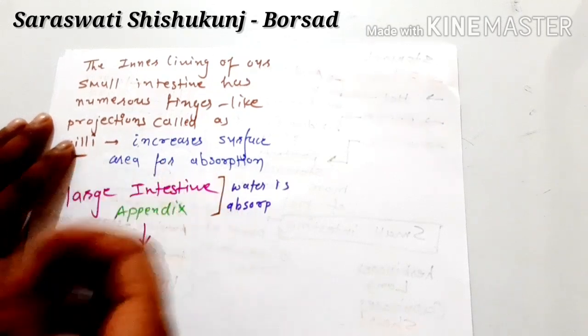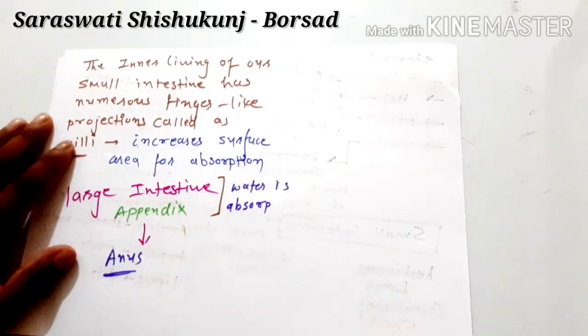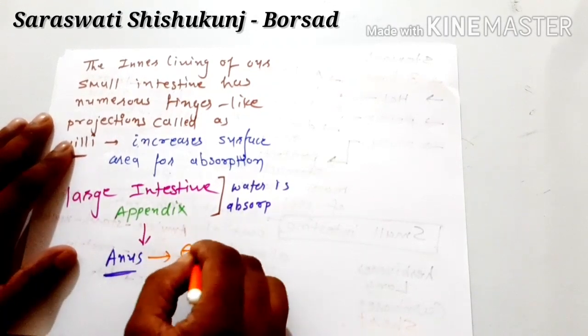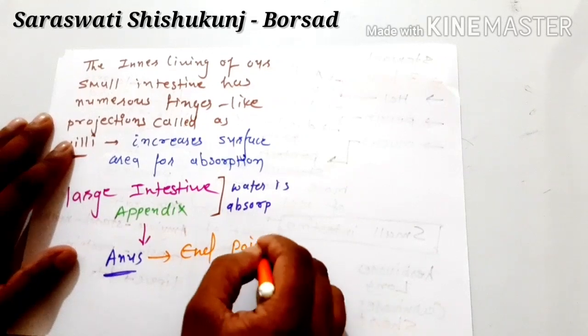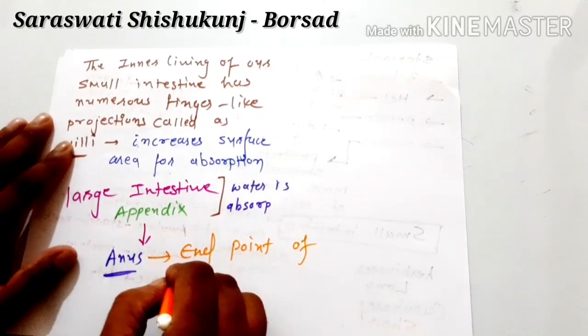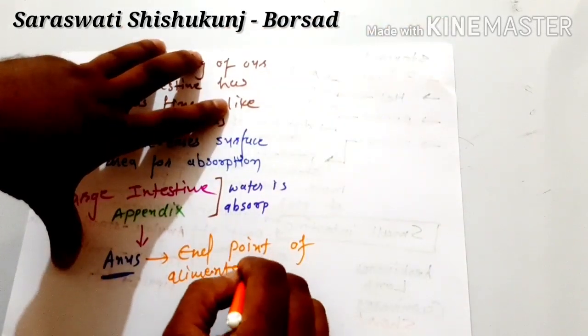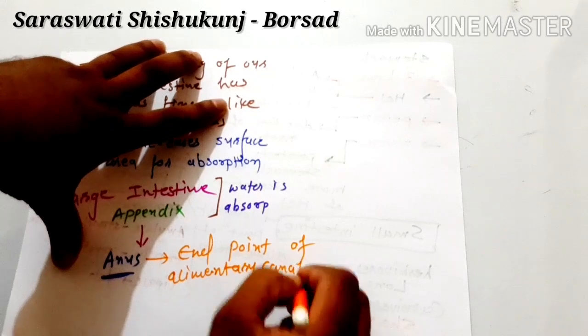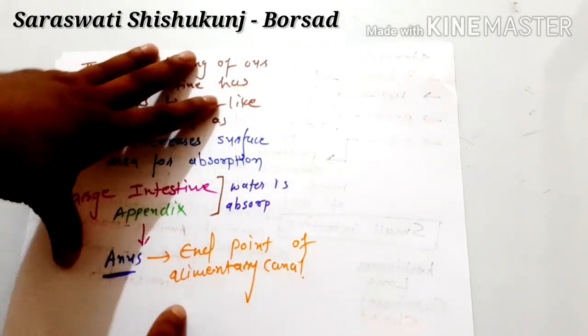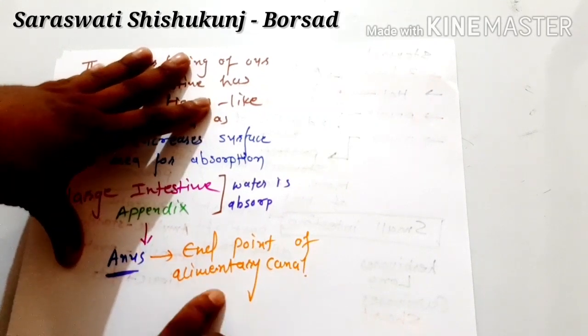And as we have discussed, our alimentary canal starts from the mouth, so this anus is the end point of the alimentary canal, and this is regulated by anal sphincters.